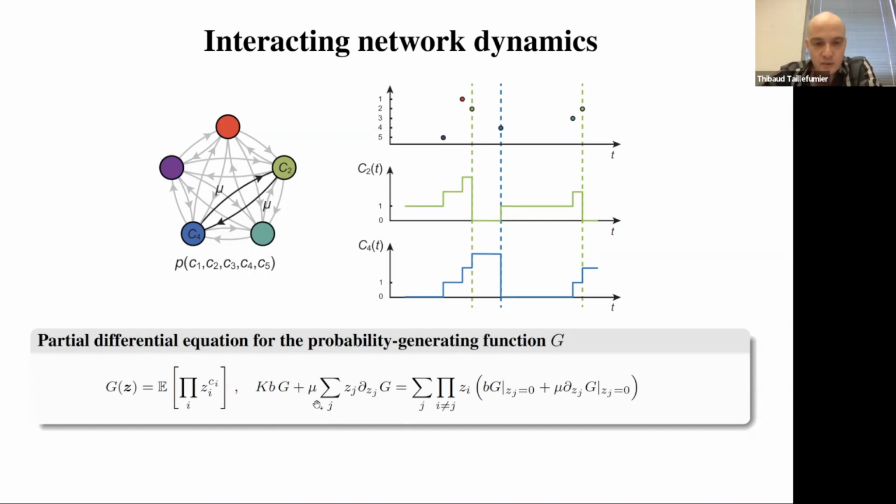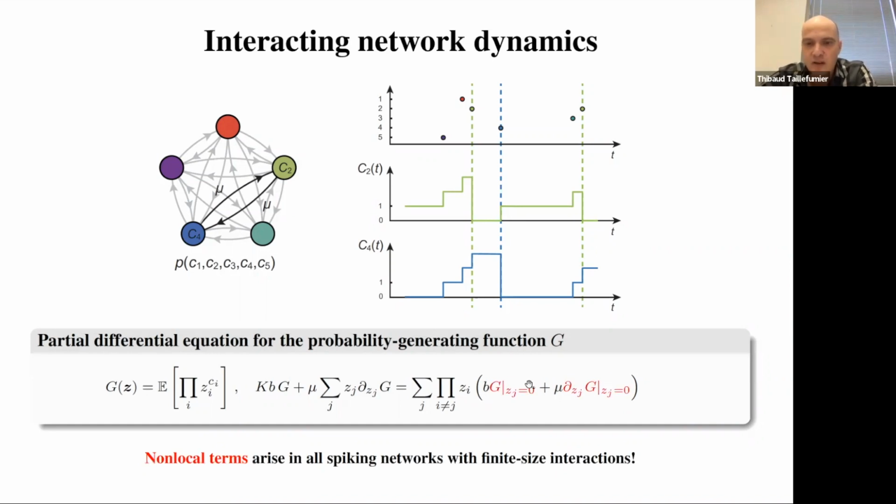The problem is that it's already impossible to solve. This PDE is linear, so that would be good. But the reason why it's unsolvable is because of the occurrence of those terms here, which are non-local terms, okay? Because they relate something that happened in the bulk, anywhere in my phase space, to quantities that are evaluated at the boundary, okay?